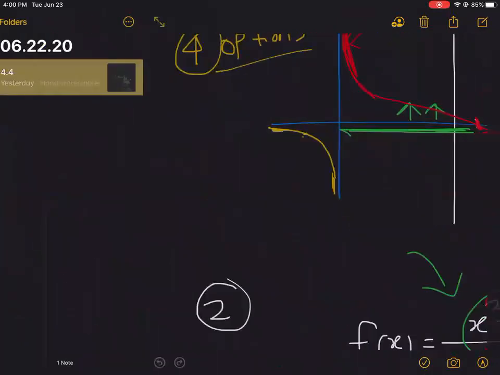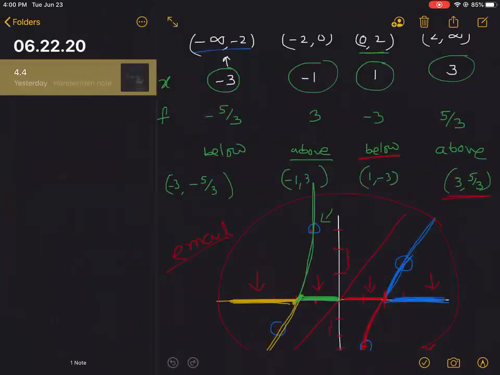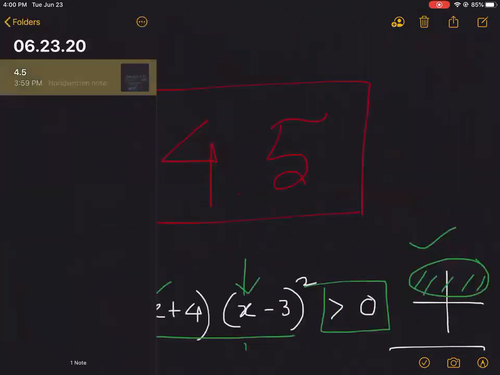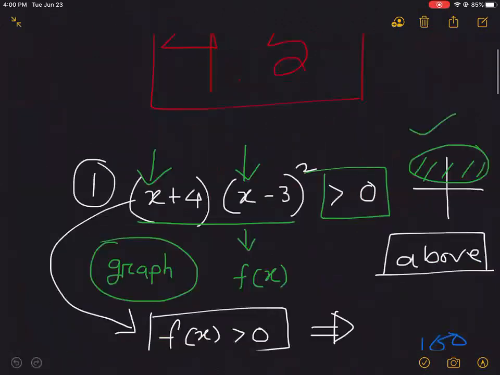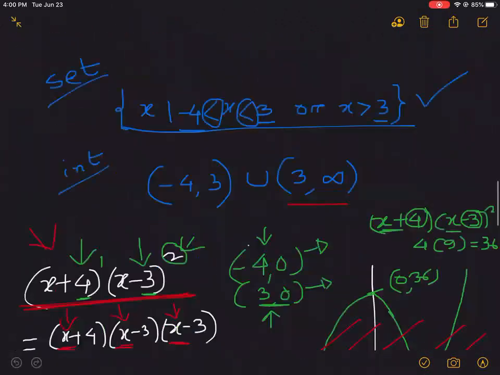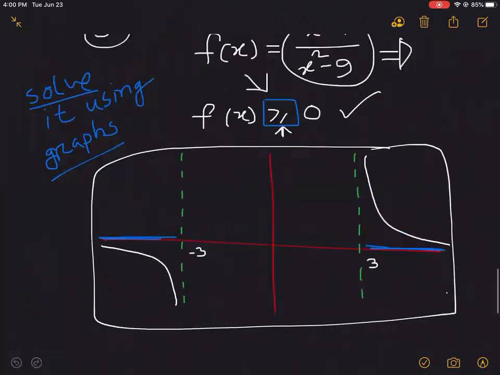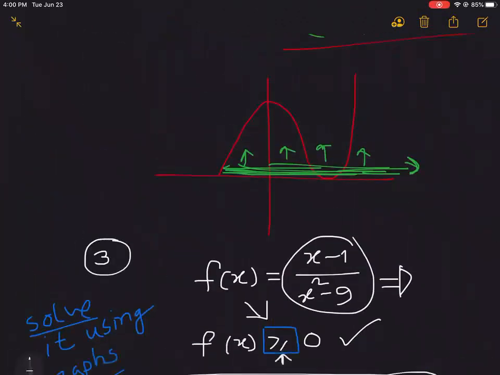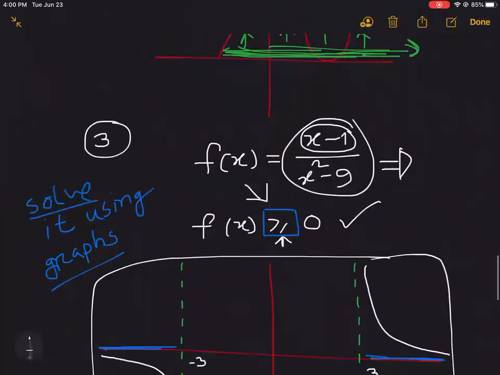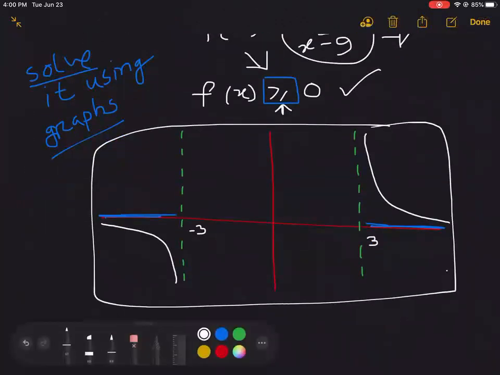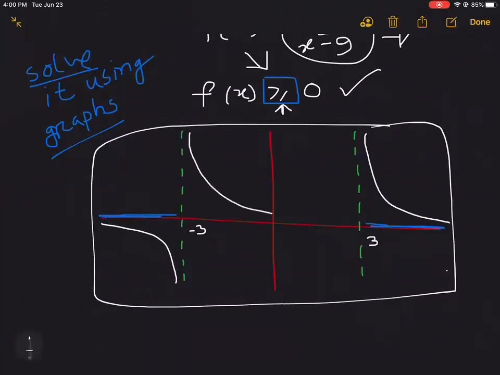So this is the graph. I think we have the intercept at x equals 1, right? So I think my graph was right anyway. So it should be something like this.